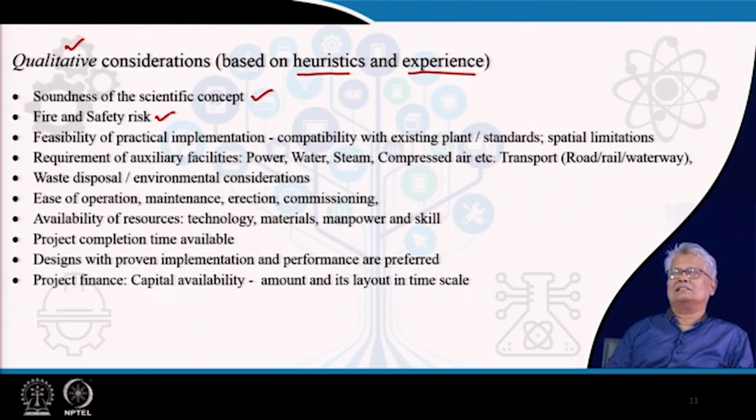This is a classic example which definitely will help us to focus on all the requirements of the auxiliary facilities. It is not just power, water, steam or compressed gas. It's related to the transportation of the material, transportation of the equipment, availability of manpower for construction and everything together. This is definitely more important while we are talking about the plant design.